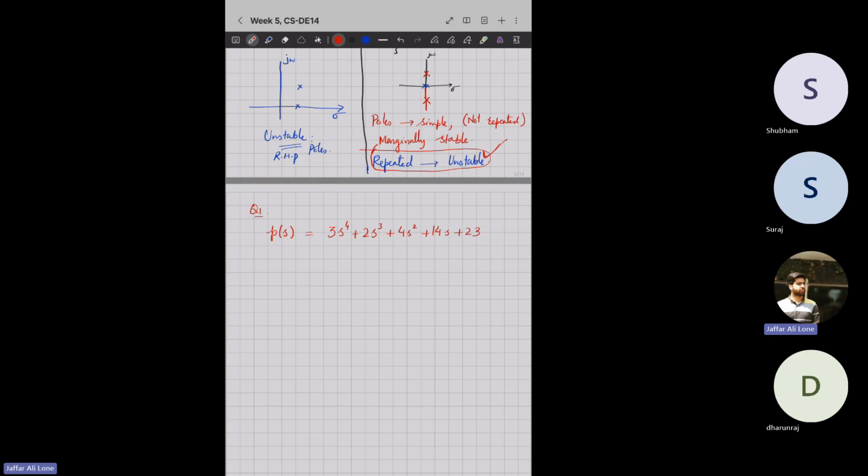This is the polynomial given, and the question is how many roots of P(s) = 0 will lie on the right half plane, RHP.